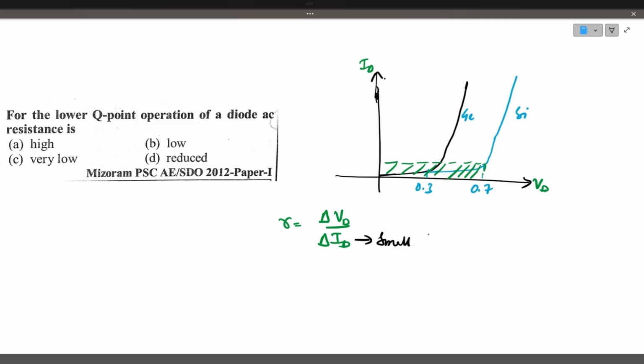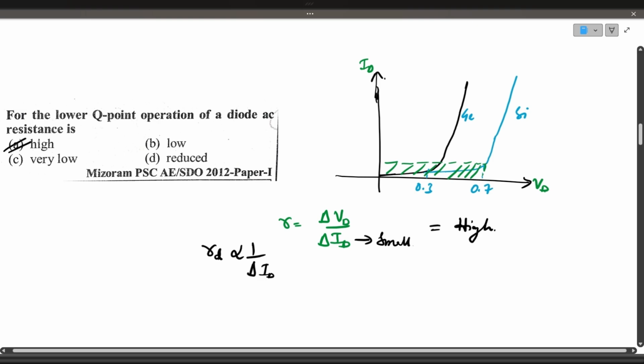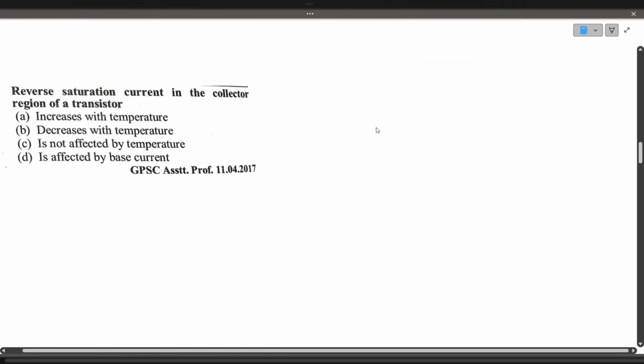This is diode current, this is diode voltage. For the lower voltages, the resistance is usually high because the diode resistance is inversely proportional to diode current. So answer is A. We'll see the next question.